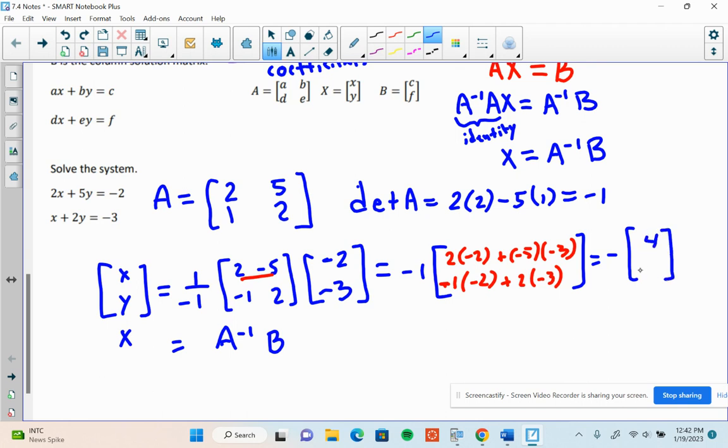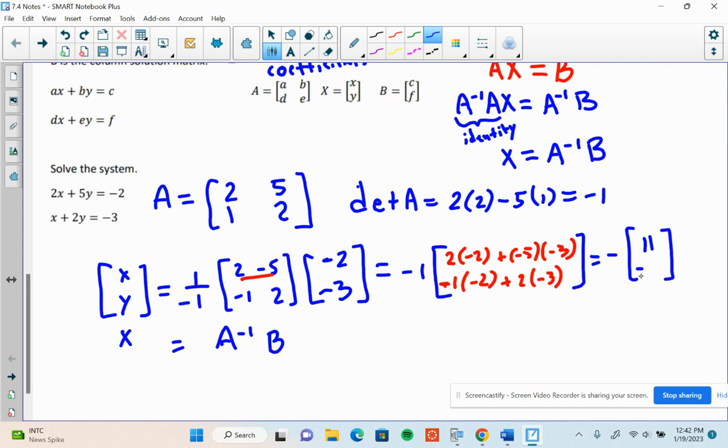That's negative 4 plus 8, which is 4. And then 2 plus negative 6 is, I think I did something wrong. Did I do something wrong? Yeah, I did. That's negative 4 plus 15, which is 11. Okay, so in that top, I have negative 4 plus 15, which is 11.